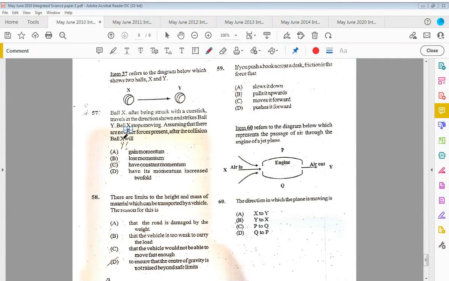So, I think what was meant here should be ball Y, right? So let's read it as that. Assuming that there are no other forces present after the collision, ball Y will gain momentum, lose momentum, have constant momentum, or have its momentum increased twofold. So the answer would be C.